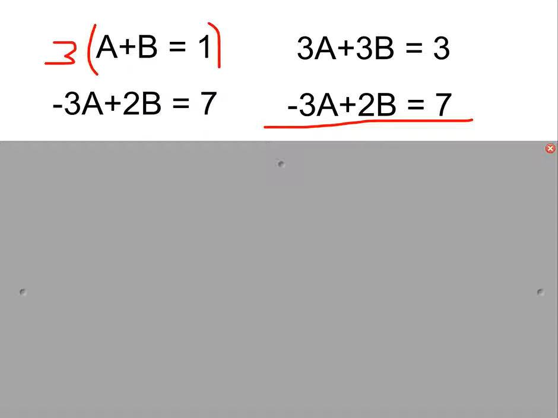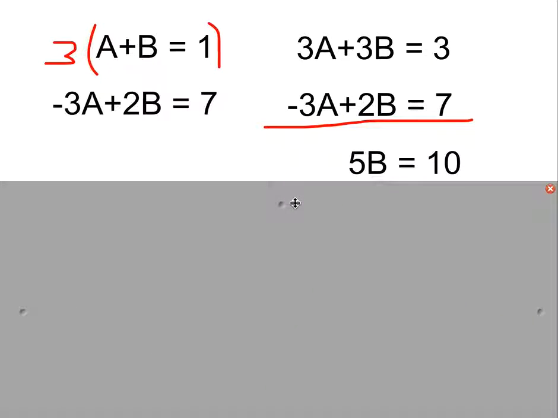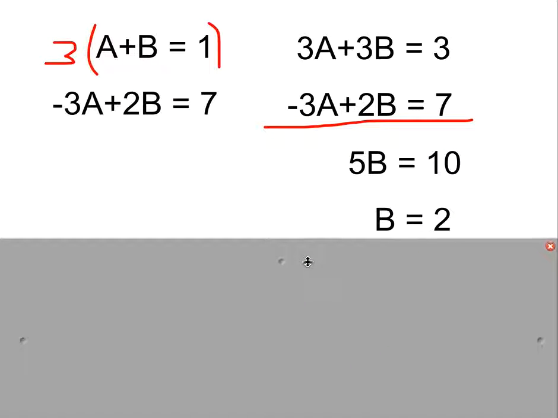So if we were to continue to solve this system, I would multiply the top equation by 3, and you can see why. You have 3a plus 3b equals 3. If you rewrite the bottom equation underneath, what will cancel out is the a's, and what do we have left? We have 5b equal to 10, and when you divide by 5, you get 2. So we have our b term.